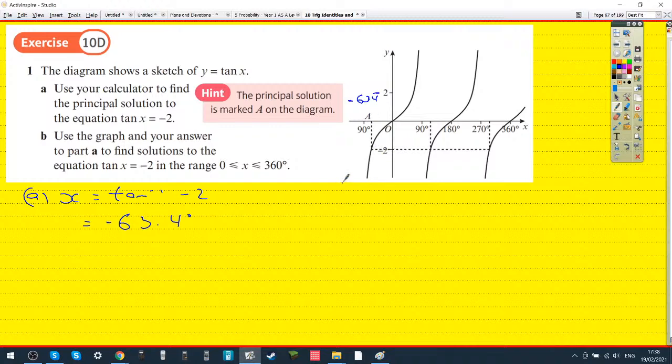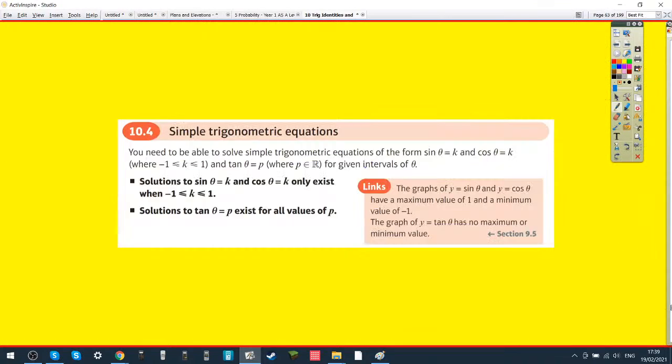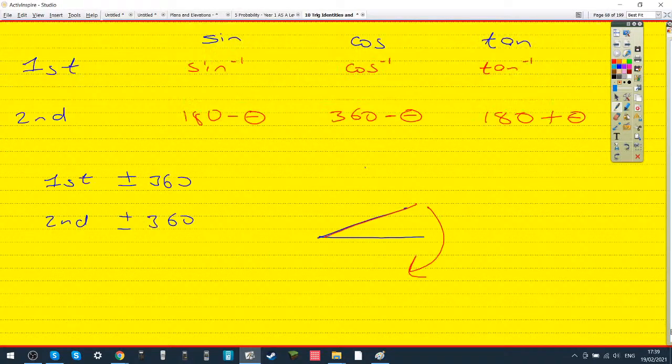Okay, how can we get the other two solutions? So the minus 2 goes across, we're following that dotted line, right? So the second solution would be... This is 10.4, simple trig equations.